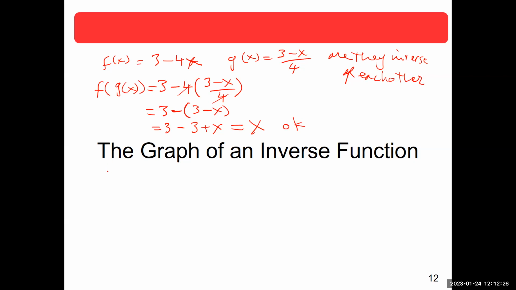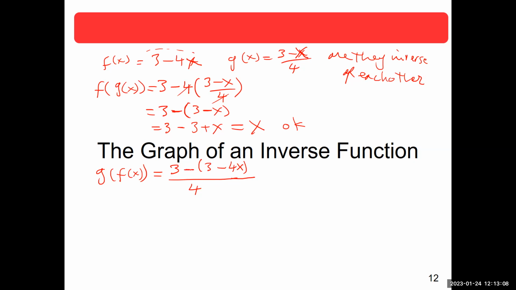Let's try it backward. g composition with f(x) equals, remember composition was also explained in Chapter 8, Section 8. So what are we going to do? We have 3 minus x over 4, where x is going to be the entire value from here, 3 minus 4x. Let's simplify it.